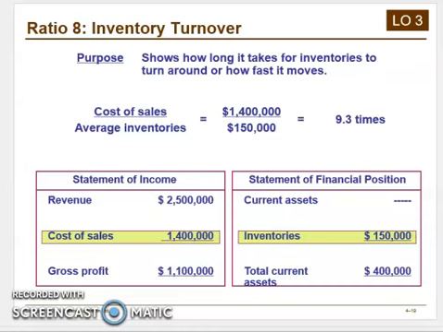As soon as we sell our inventory, it becomes cost of sales. So if we take our cost of sales, which is 1.4 million, divided by our 150,000 inventory on hand, that's showing us that we have sold the inventory value of 150 9.3 times. So the 150 has come out of inventory and gone into cost of sales 9.3 times.